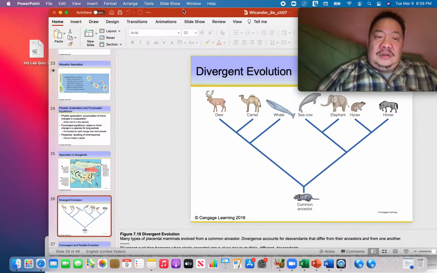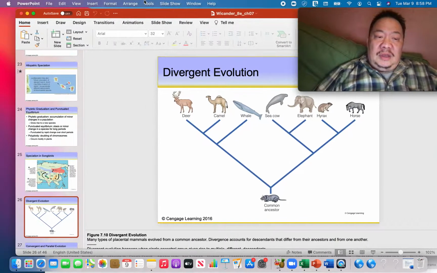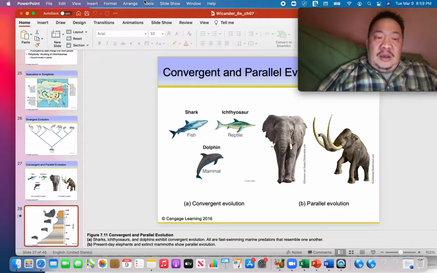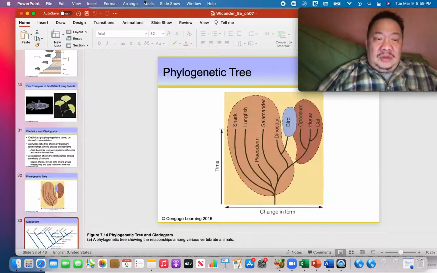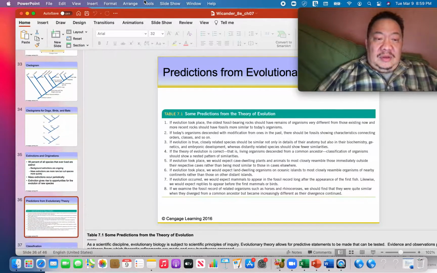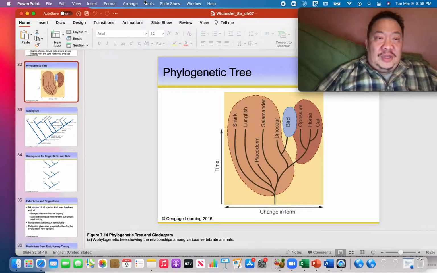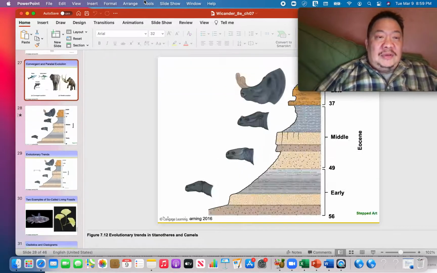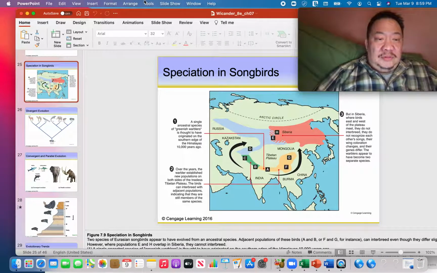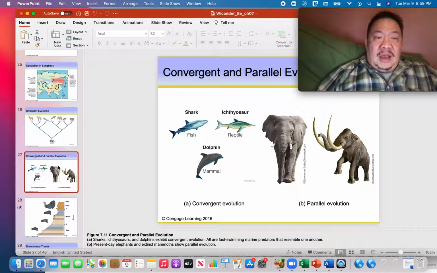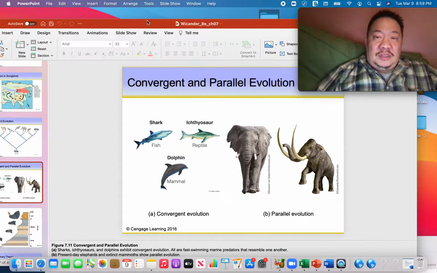Okay, now there's different kinds of evolution. There's divergent, parallel, and convergent evolution. So there's 3 kinds of evolution we're going to talk about now. And they are divergent, convergent, and parallel evolution.